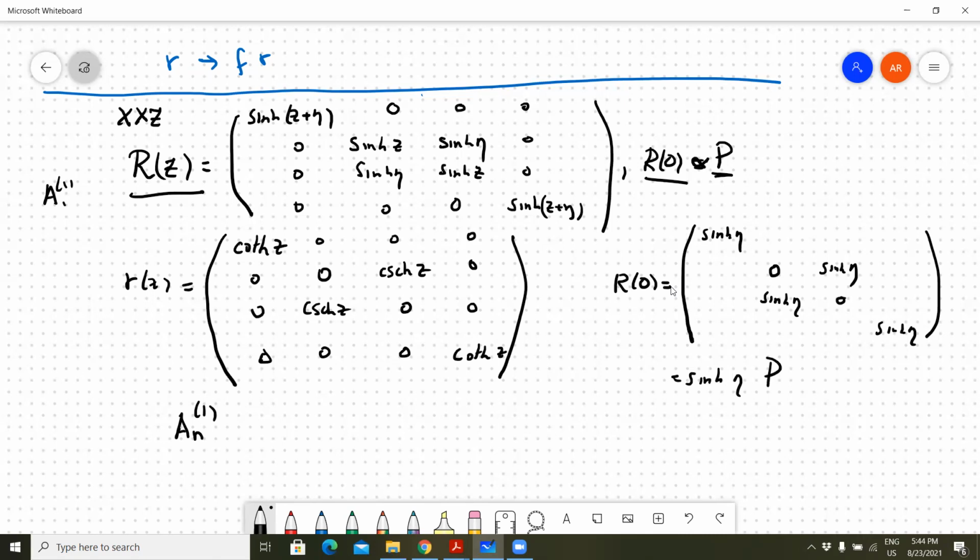Yeah, I should have been more precise here. It's just, apart from a function, it can always be up to one overall factor.